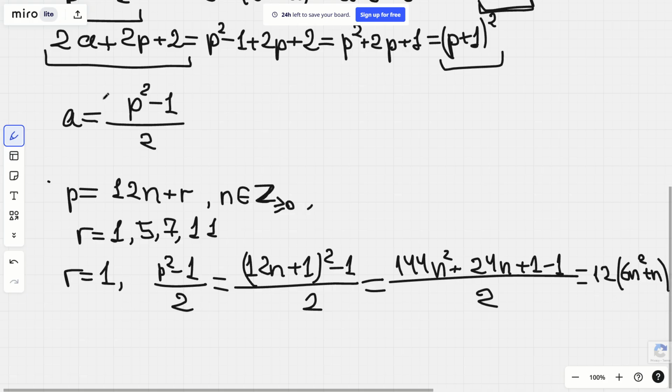So we see that a equals this one, and this is divisible by 12, therefore a is divisible by 12 too.